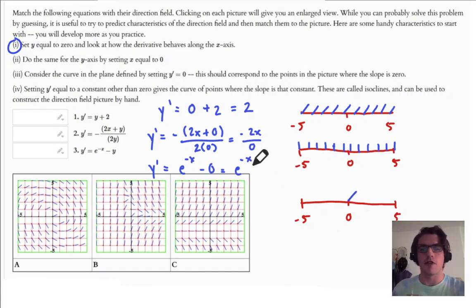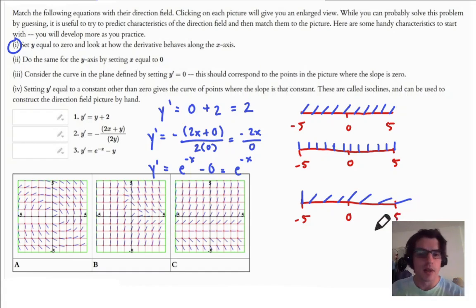If we plug in 5, it would be e to the negative 5, or 1 over e to the 5th, which is a pretty small number, but positive. If we plug in -5, it'd be e to the 5th, a very large positive number. So the slope is going to be slowly lying down, going from nearly vertical to nearly horizontal.